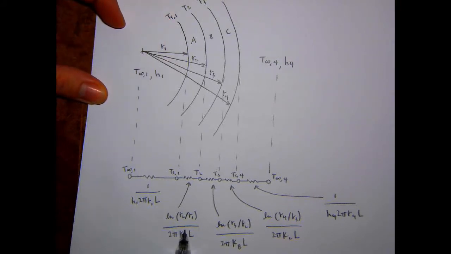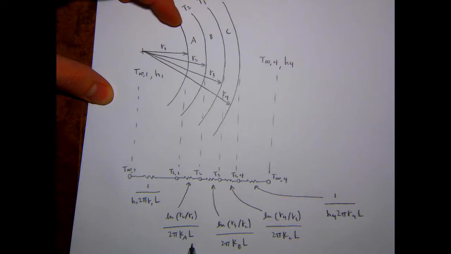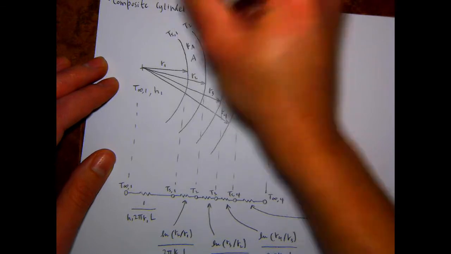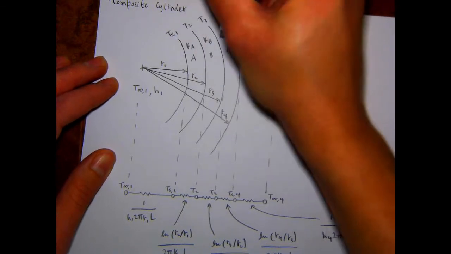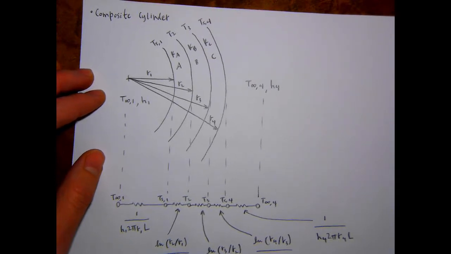And then for conduction, the natural log of the second radius divided by the first over 2 pi KL, and notice it's KA, so we can write that down too. We have KA, KB, and KC, so each section has its own thermal conductivity.